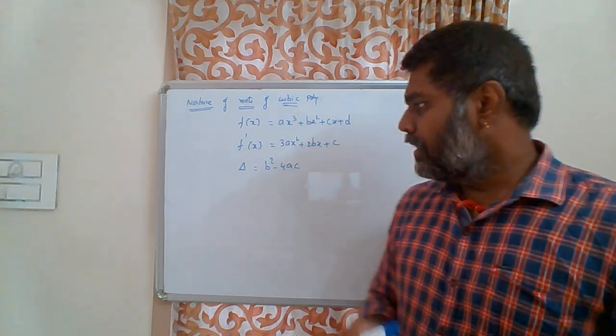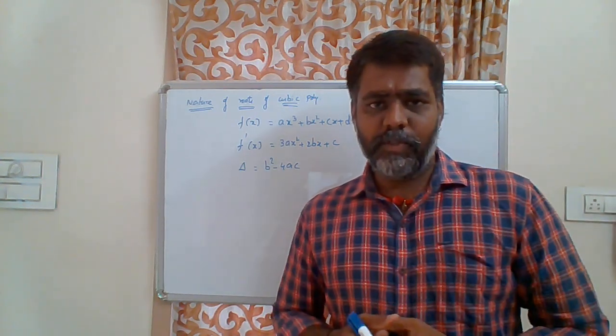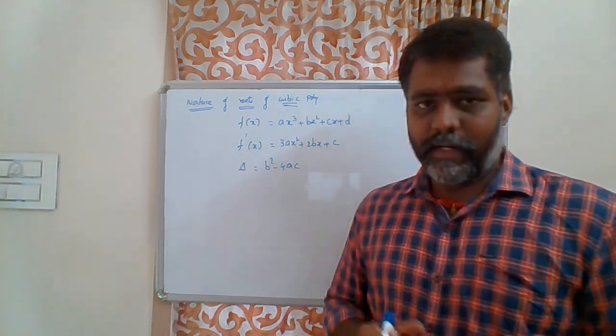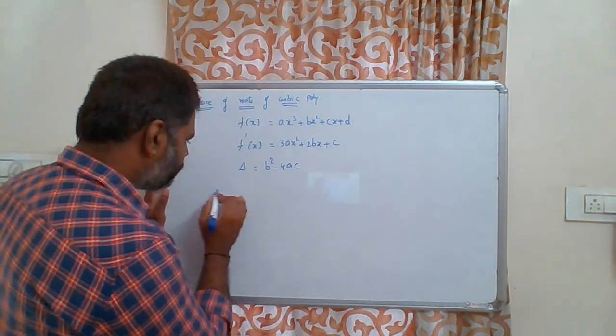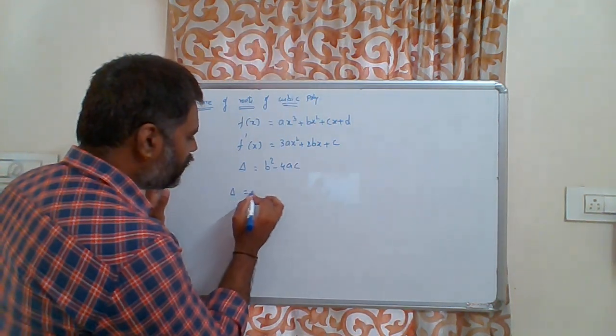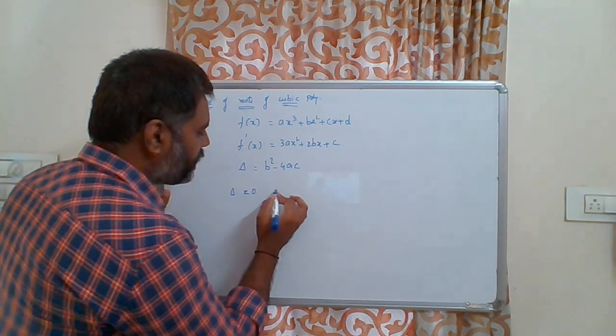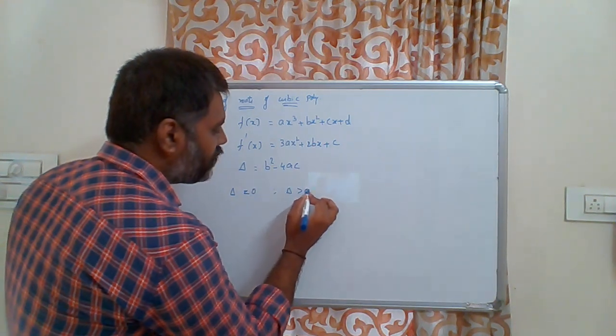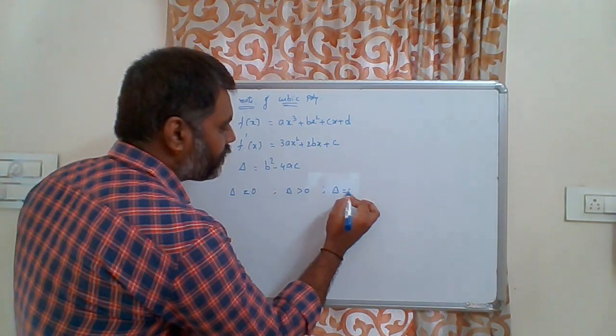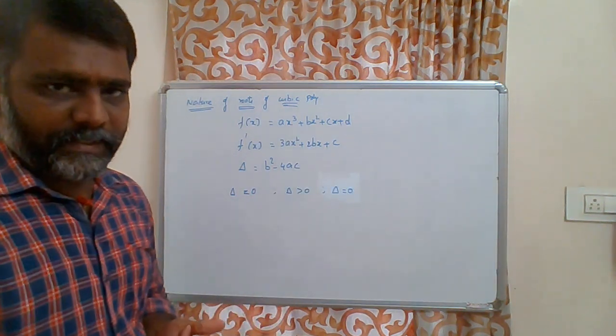Here we have three possibilities for the discriminant: delta less than 0, delta greater than 0, or delta equal to 0. So three possibilities exist here.